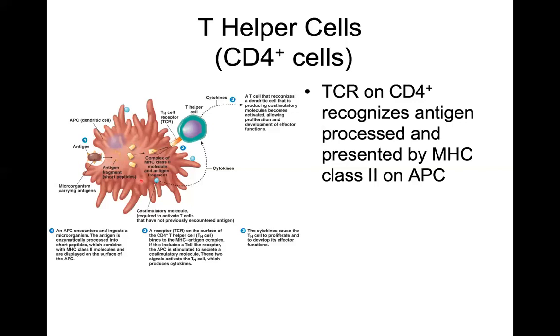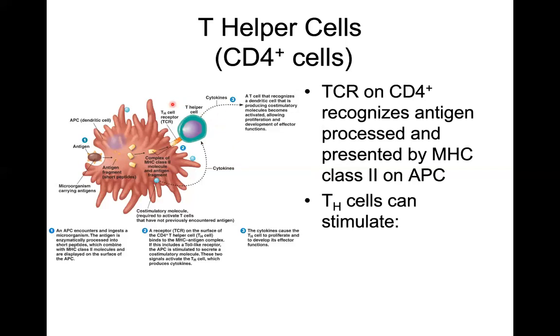So this cell presents a fragment of the antigen. This fragment is recognized by a T cell receptor on, in this case, a CD4 positive T cell, because this is an MHC class 2 protein.